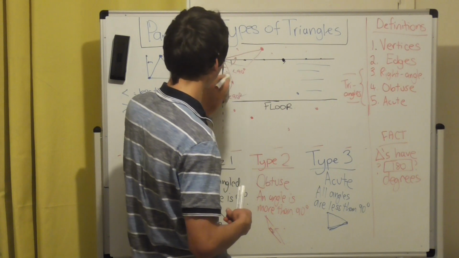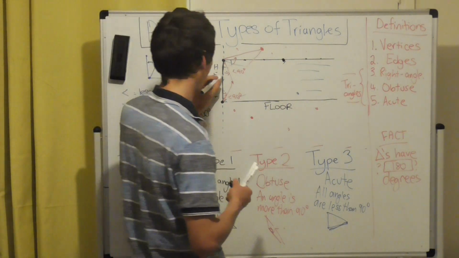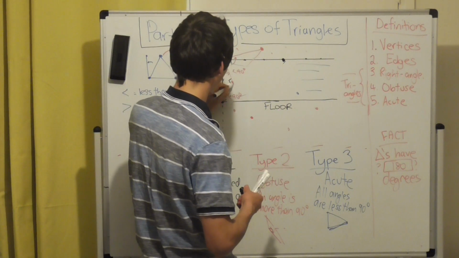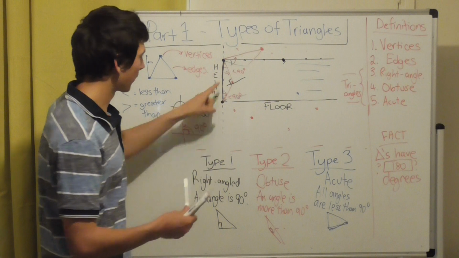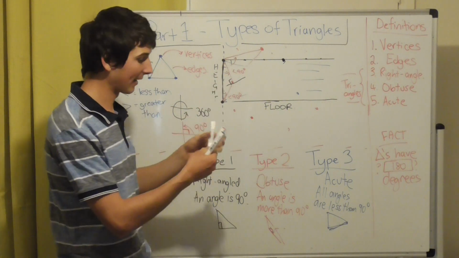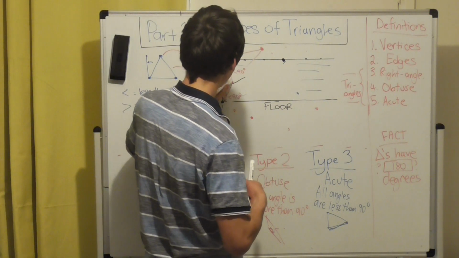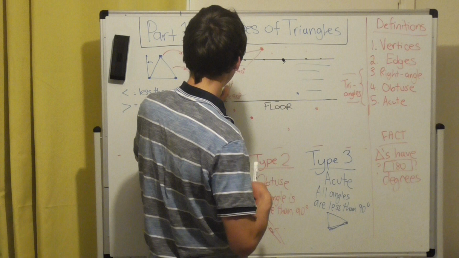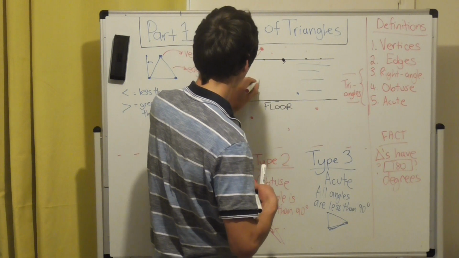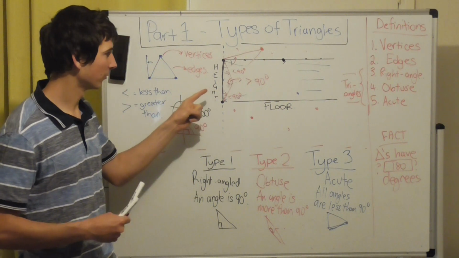But this angle here, if I draw my handy square, this red part, that third angle, is bigger than that black square. So I actually get this third angle being greater than 90 degrees. And so that's an obtuse triangle.